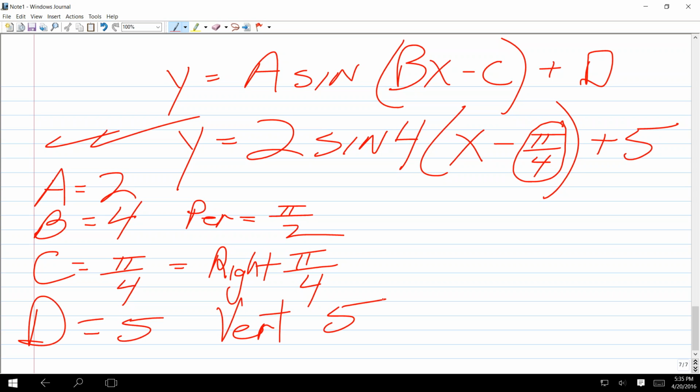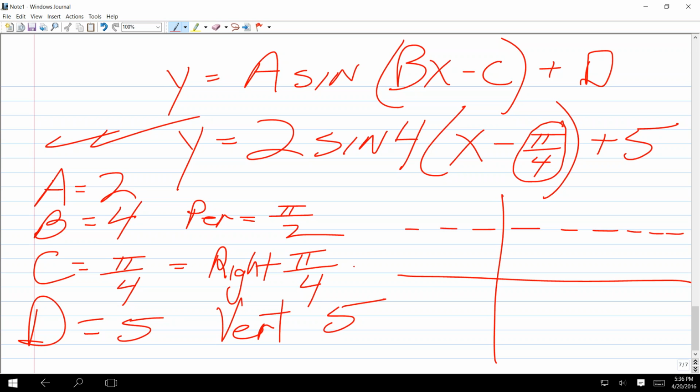You can take your horizontal line of symmetry, and that's the first step. In other words, if I wanted to plot this, my very first step is to move everything up 5 units and graph about that dotted line.